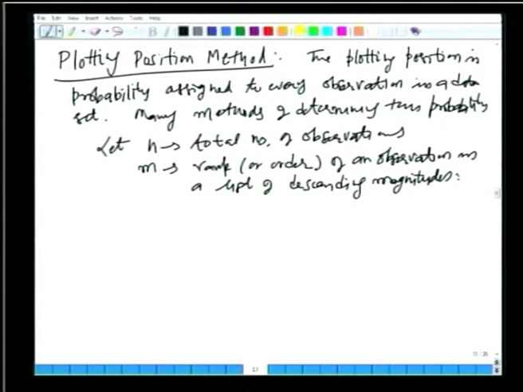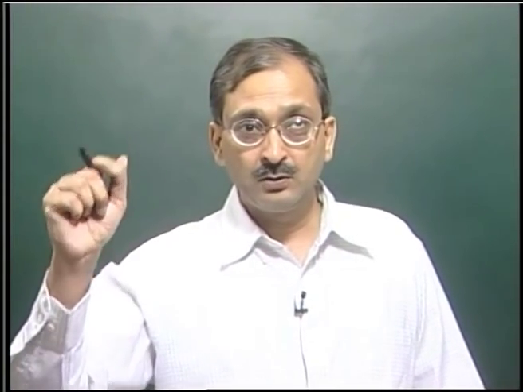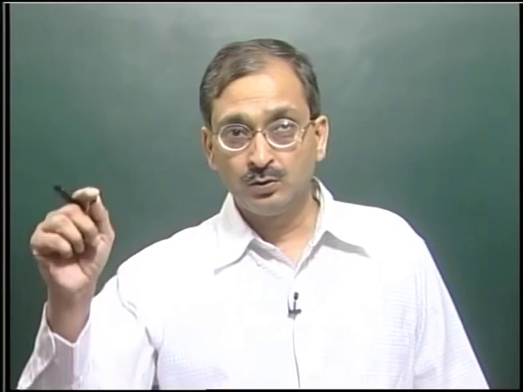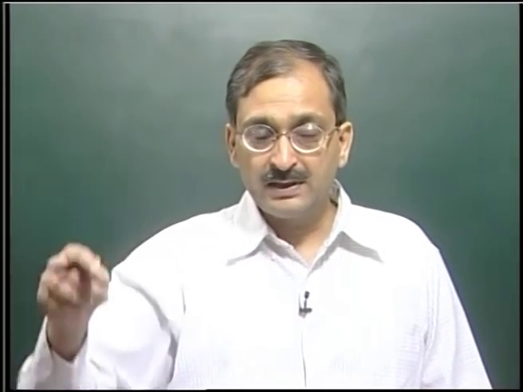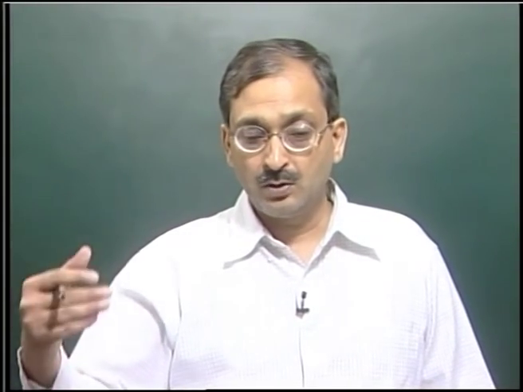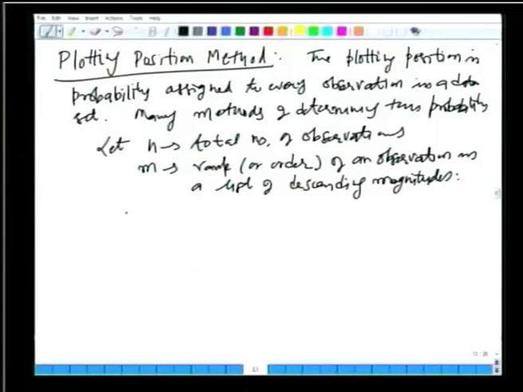So, we are arranging all the observations in the descending order. We assign an order of 1 to the top value, 2, 3 and so on, and this column, let us say we call m. So, m can assume any value from 1 to n, where n is the total number of data points.